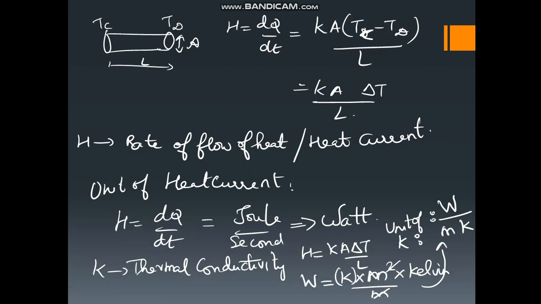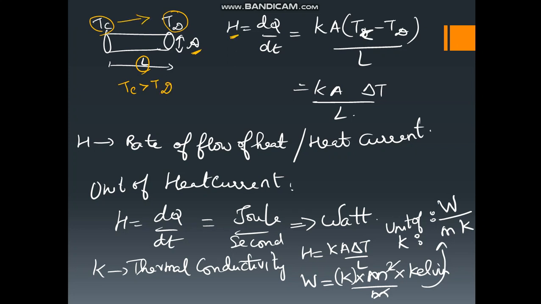Taking the same rod, let its area be A and the length be L. Tc is the temperature at one end and Td is the temperature at the other end. Let us assume Tc is greater than Td. Heat flows from this end to this end.